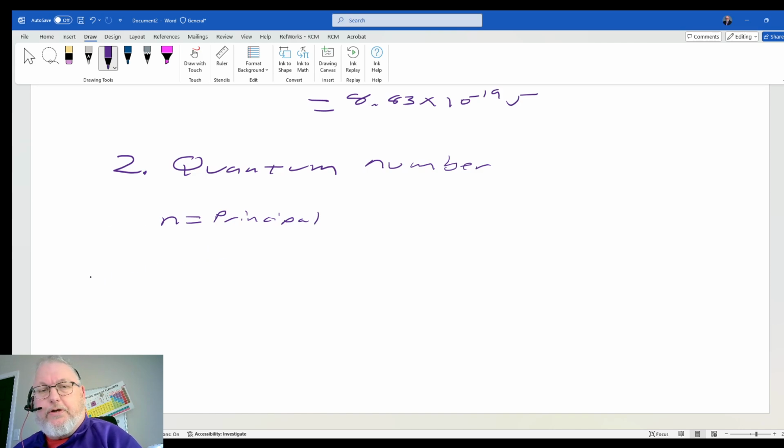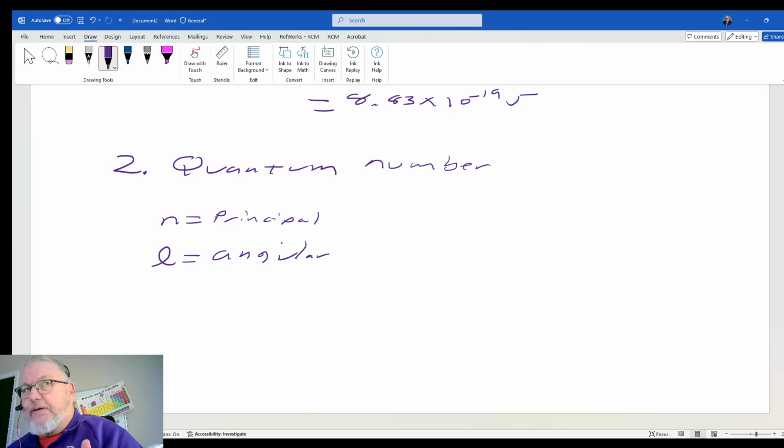Then the next one is the L, which is angular. Okay. Now, there are 4 angular numbers, and they are shapes. You have an S shape. We talked about those. You have a P shape, a D shape, and F shapes.